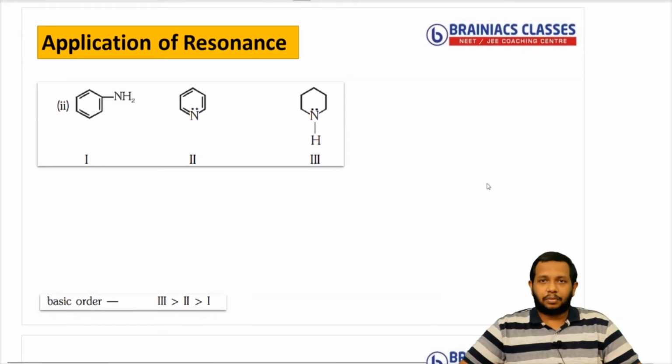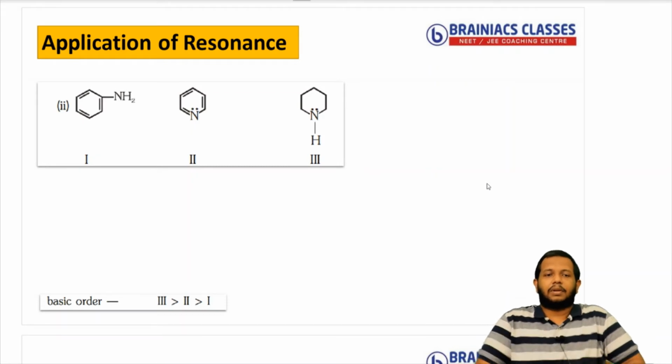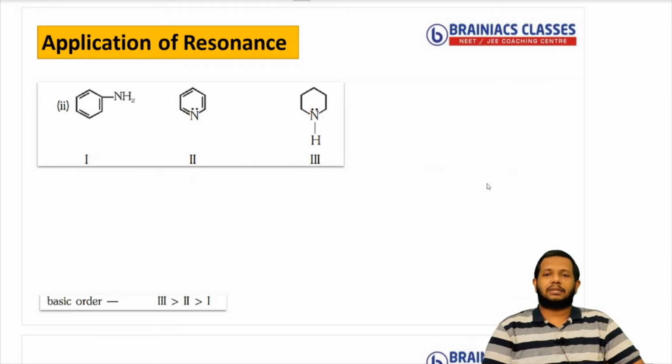Okay, so next we will see more questions. You can see here, there is another question. Out of these three, 1, 2 and 3, which one is more basic? That is the question. Let's say the first one, as you can see here.